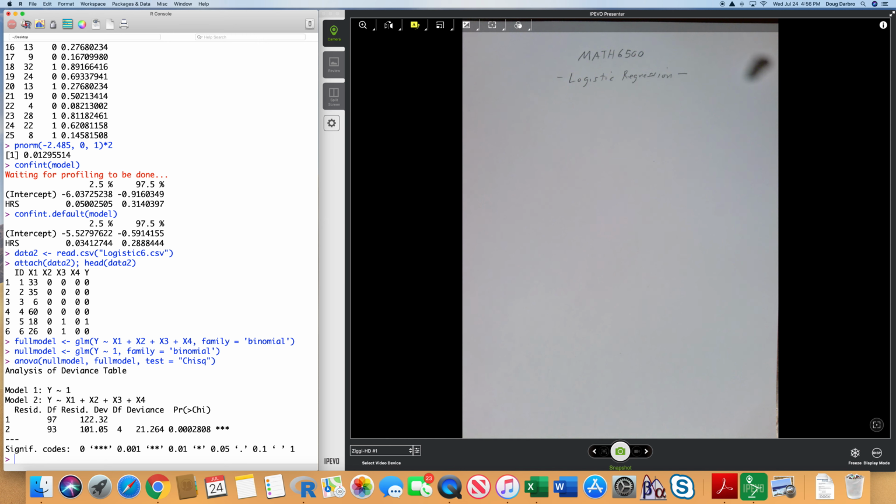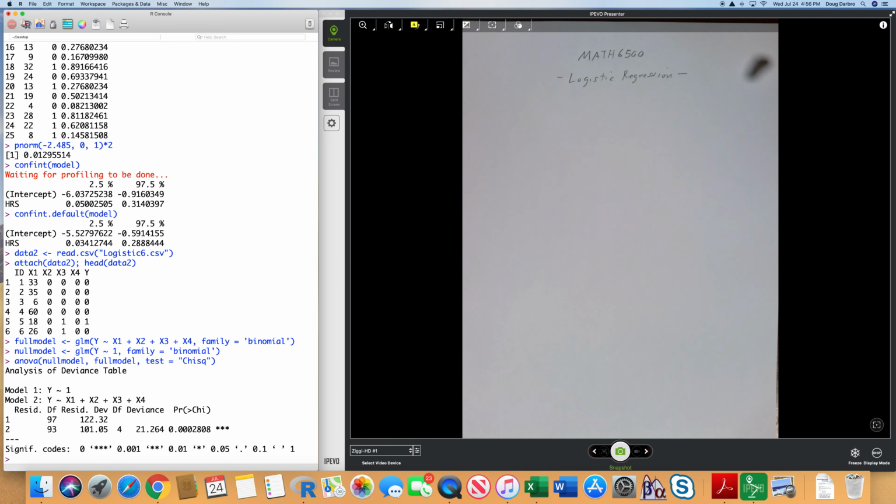And what I end up getting here is a deviance of 21.264, degrees of freedom 4, and a p-value of 0.002.